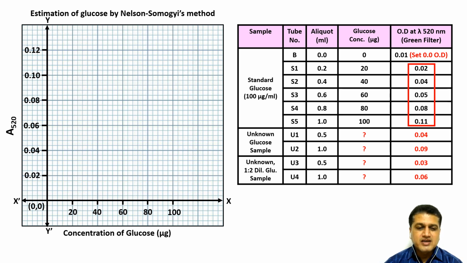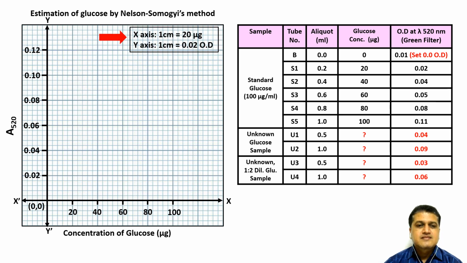Label y-axis as OD at lambda 520 nanometer or A520. Write the scale of x-axis and y-axis on top right corner of the graph paper.